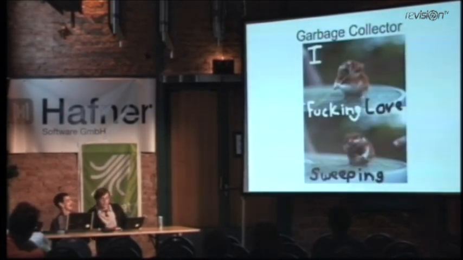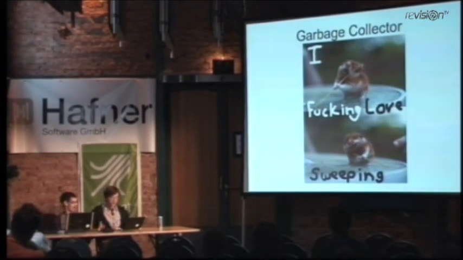Garbage collector. If you know about garbage collectors, this is a three-color garbage collector. So there are white objects, black objects, and gray objects. White objects are objects which are candidates to free, so they can be removed. Black objects are objects which are in use and have no references to white objects.